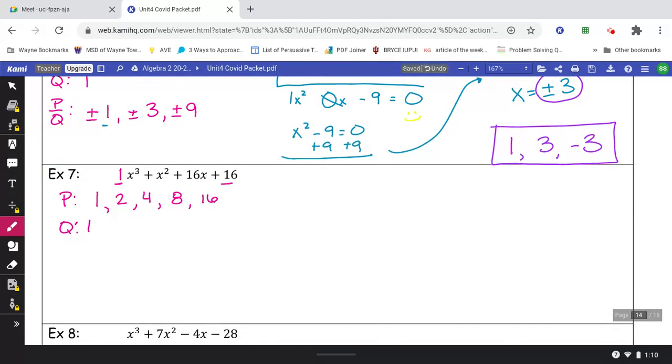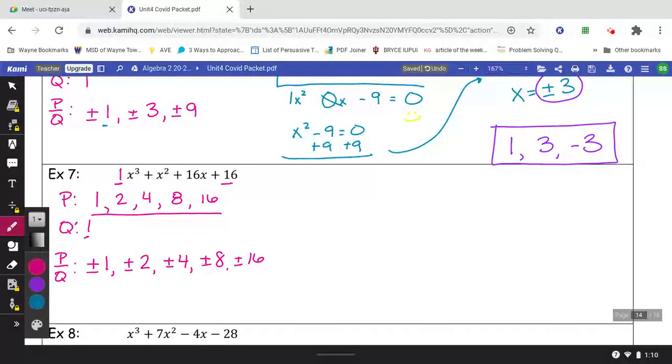All the P numbers divided by 1 is just going to get me those same exact numbers. So instead of setting up as fractions, we can just go ahead and write our final list of answers. Plus and minus 1, plus minus 2, 4, 8, and 16. That's what I get when I divide each of the P numbers by 1.